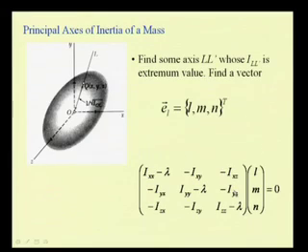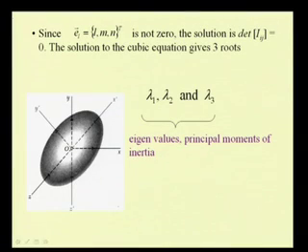So, the determinant of this matrix has to be 0, and if we solve for this, it will give 3 roots, because the determinant of this inertia tensor matrix, determinant I ij equal to 0, gives a cubic equation for which there are 3 roots. That means there are 3 values of lambda. Say we are getting the values lambda 1, lambda 2 and lambda 3, which are known as the eigenvalues.